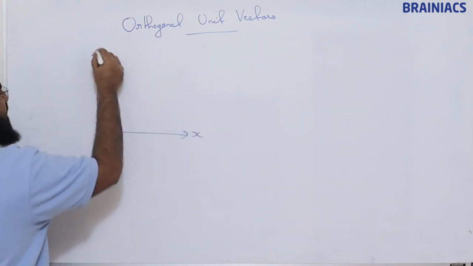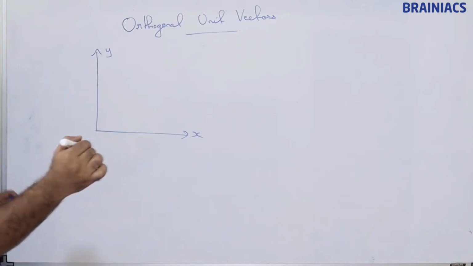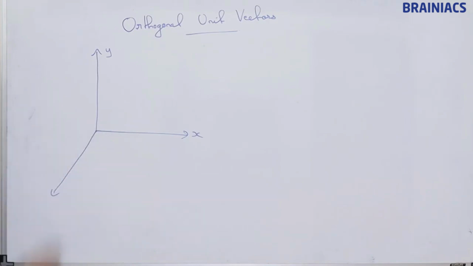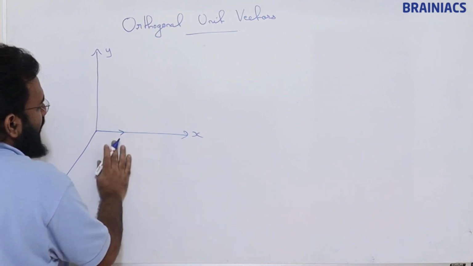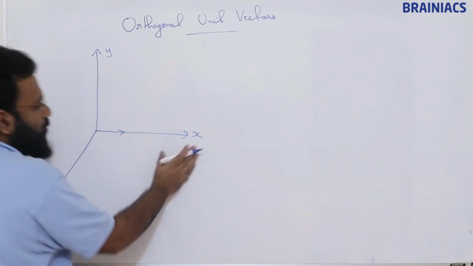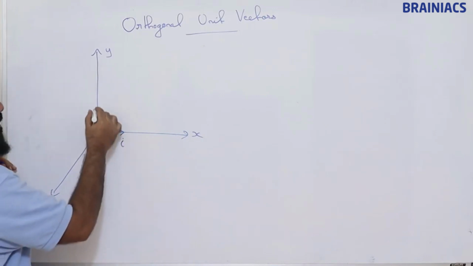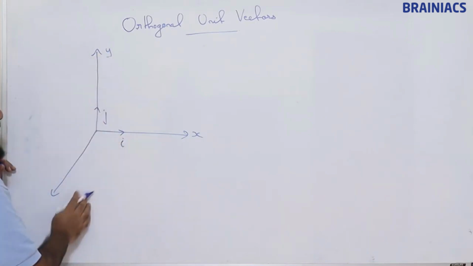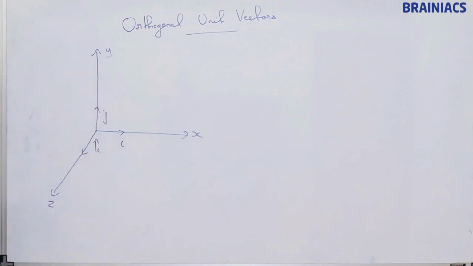Suppose this is the x-axis, the y-axis, and the axis which is coming towards you is the z-axis. Since I cannot draw that on the board, I draw it like this. The unit vector showing the direction of the x-axis is i. The unit vector showing the direction of the y-axis is j. The unit vector showing the direction of the z-axis is k.